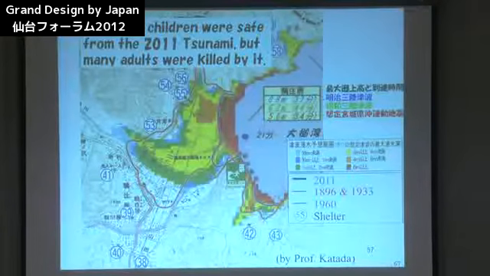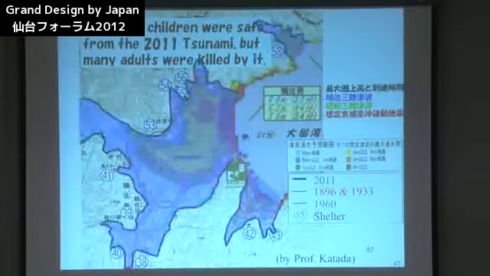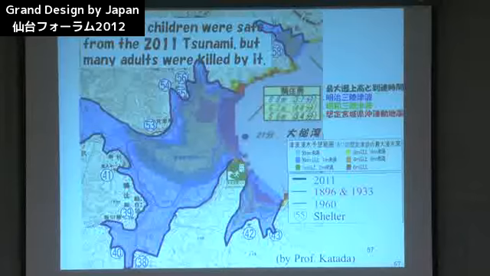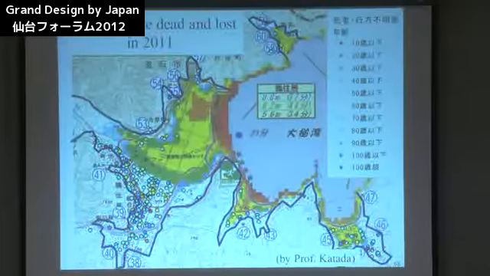And what actually occurred in 2011 was like this. These areas were completely damaged by the tsunami, but all the school children were safe.